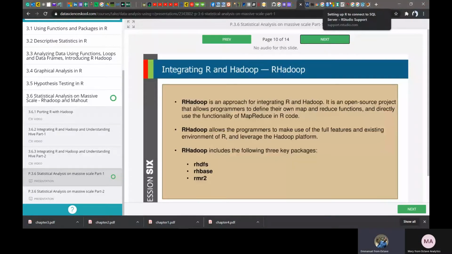Each of those functions gives you hints. For example, rhdfs contains five manipulation functions like hdfs.move, hdfs.rename, hdfs.copy, and the likes. These explanations are inside your material, so I would encourage you to go over your material.